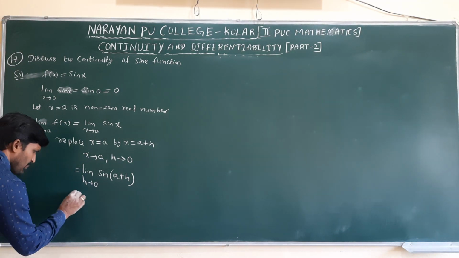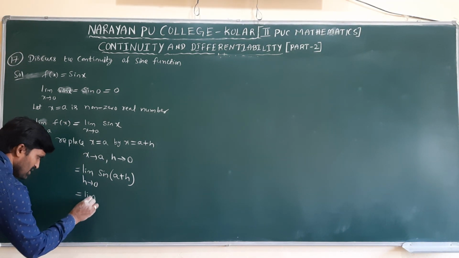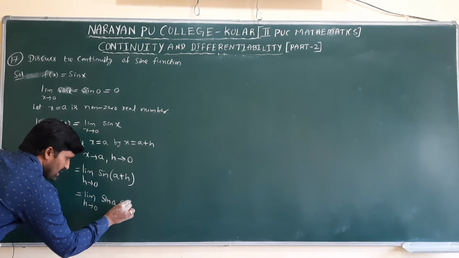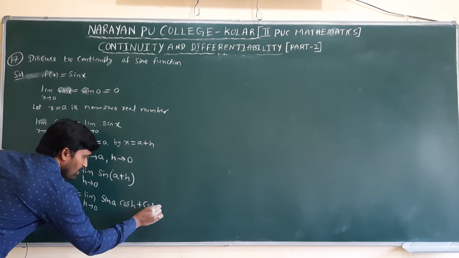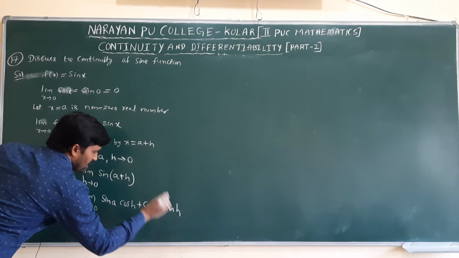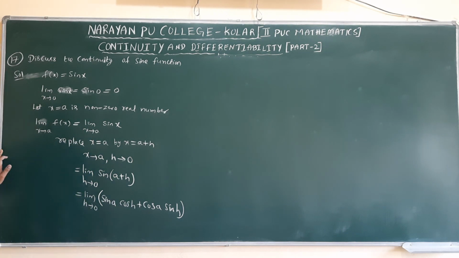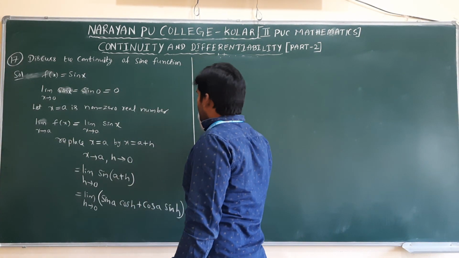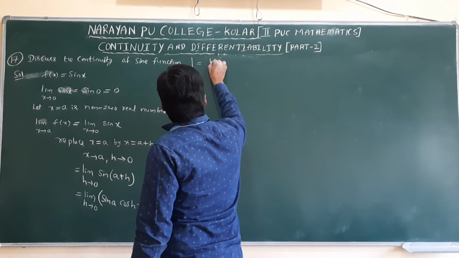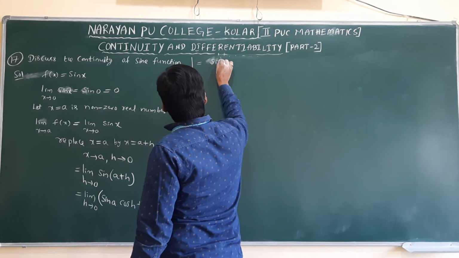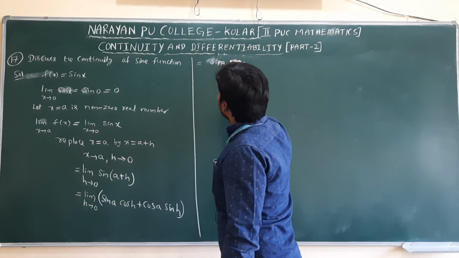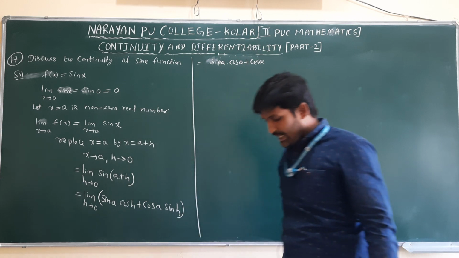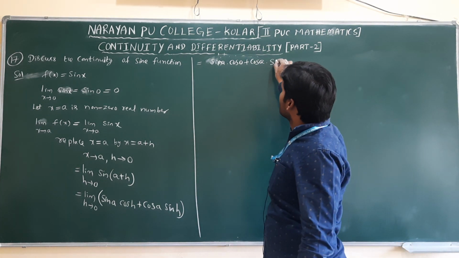Directly don't substitute; expand this, because we need to identify the nature of this function. By the sin of a plus h formula, sin a cos h plus cos a sin h. After expanding the function, now substitute the limits: sin a into cos 0 plus cos a into sin 0.